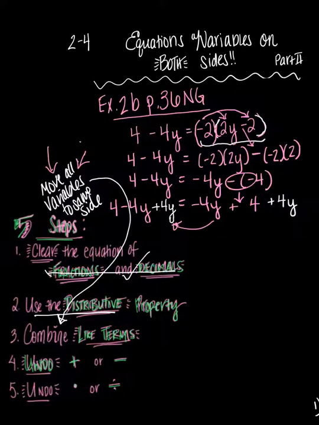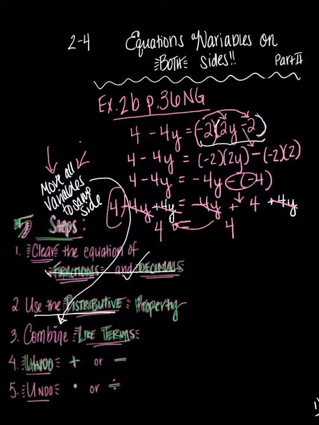All right, I have positive 4y on both sides. So let's simplify. At this point, my -4y and my positive 4y cross out, so I'm left with 4 on this side. Uh-oh, my -4y and my positive 4y cross out on this side too. Fortunately, I'm still left with a positive 4.